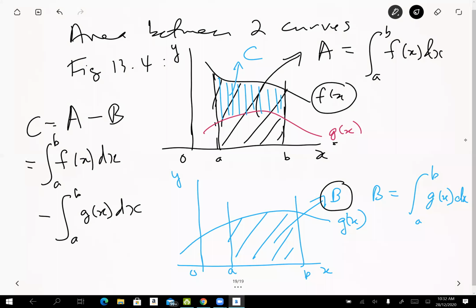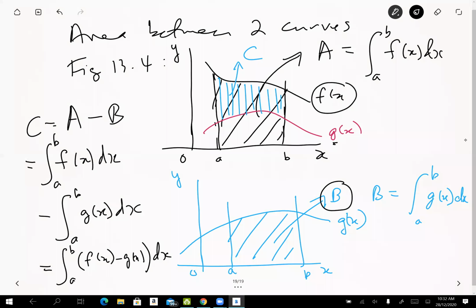Now you have something like what you do from the properties. If you look at the function, sometimes it is more convenient, easier to find the integral if you subtract them and then integrate. So equal to the integral of f of x minus g of x dx.